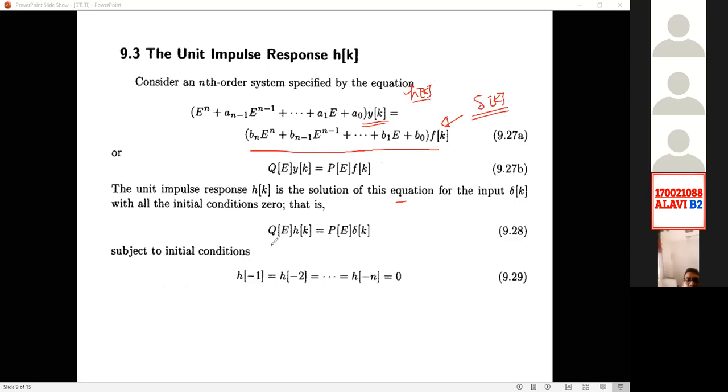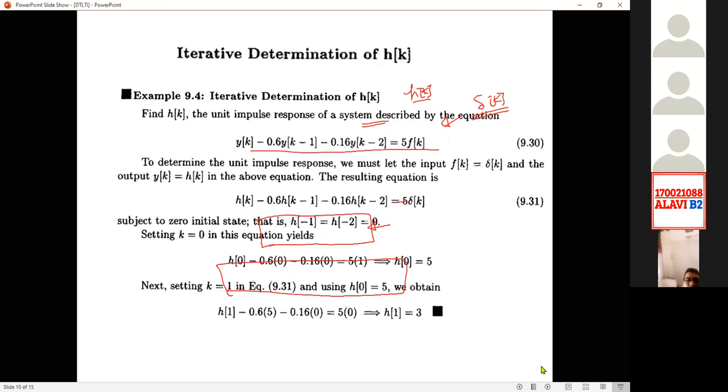So if we replace our input by delta[k], then your output will be this, and for a causal system, for negative values of n, this would be equal to 0. If we have this with us, then using the available difference equation, you can proceed with calculating the impulse response.